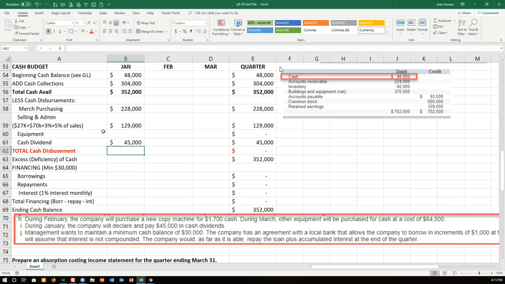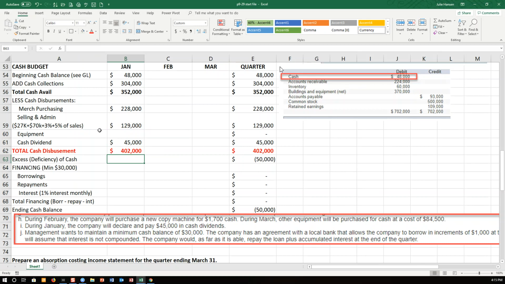And then what we're going to do is add up our total cash disbursements, which would be the merchandise spending plus the selling and administrative plus any equipment plus our cash dividend, and that's going to give us $402,000.